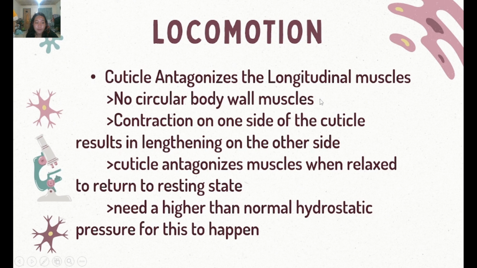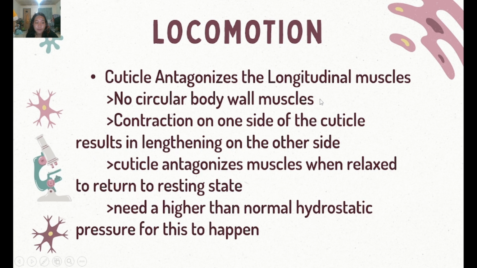So when the roundworm is ready to move, its muscles contract the longitudinal muscles on one side of its body, and this contraction of muscles will cause the cuticle on the opposite side to stretch apart.